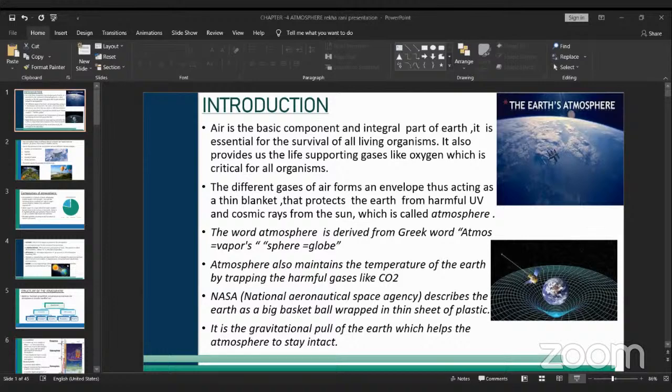Now coming to the westerlies. These westerlies are the prevailing winds, and these winds blow from the west to the east, as you can see in the picture.